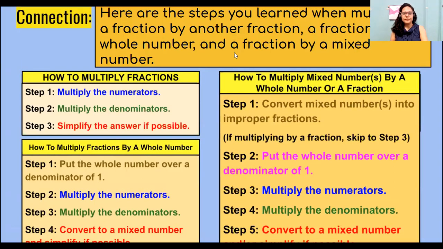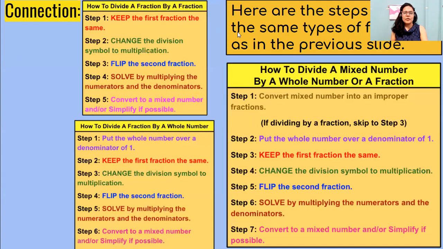Okay. Now, how do we divide by a fraction? Simply keep the first fraction, change the division symbol to a multiplication symbol, flip the second fraction to its reciprocal, solve by multiplying the numerator and denominator, convert to a mixed number, and or simplify if possible.